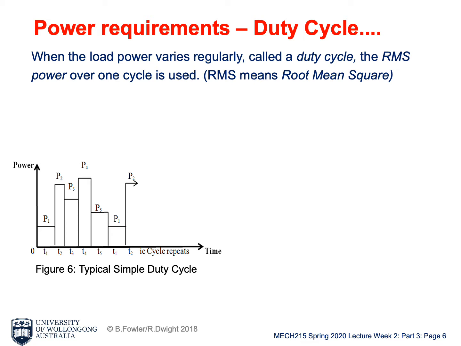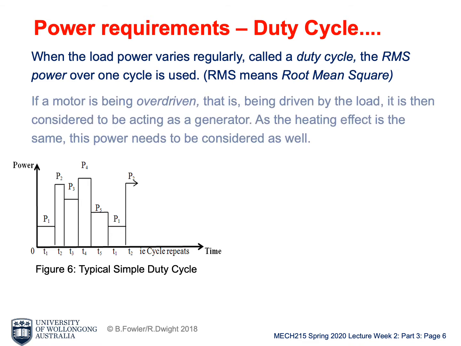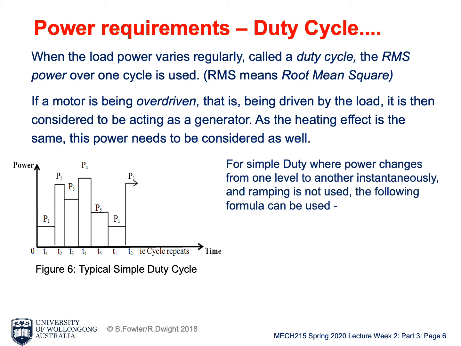We have to somehow get an average value of power consumption for the total load. So we call this root mean square average of the power. So from the power point of view, we can't simply add them and divide by the total time. We have to do this kind of square root average.